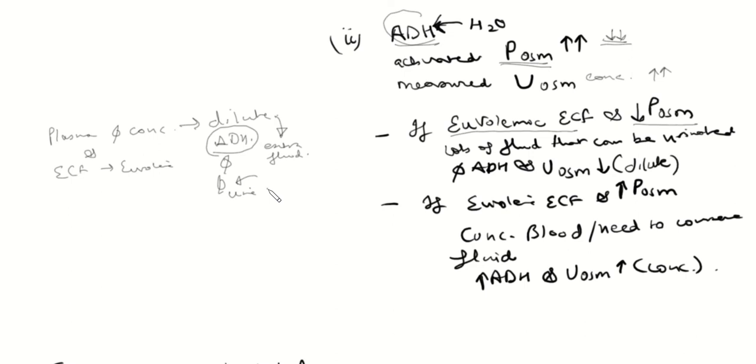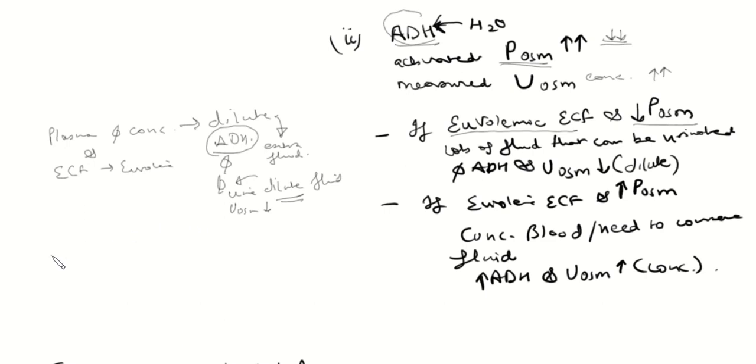Your urine is going to be dilute to get rid of just free fluid. So your urine osmolarity will be down because it's dilute urine. Makes sense. You see how this concept is applied in the body.